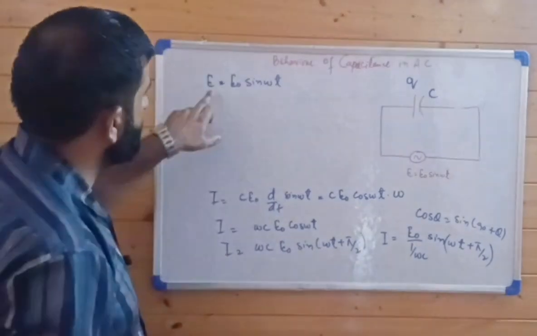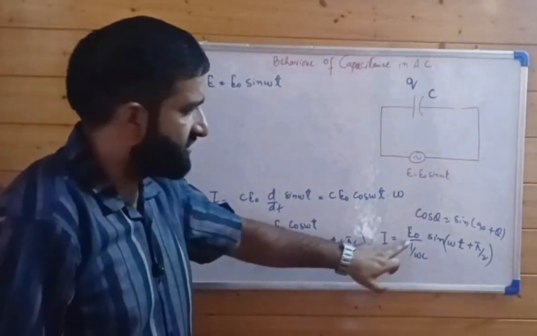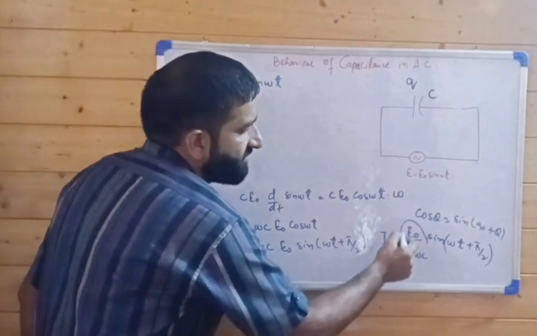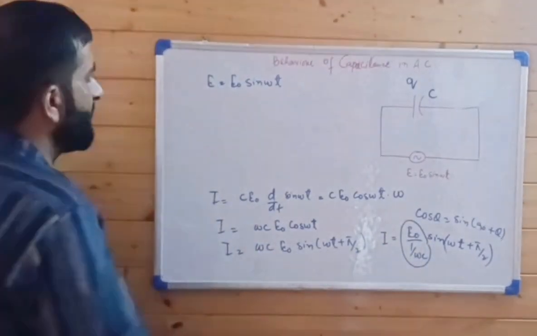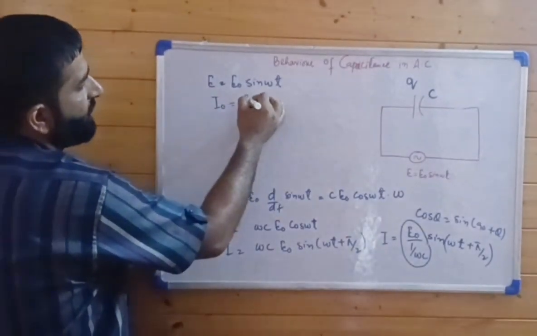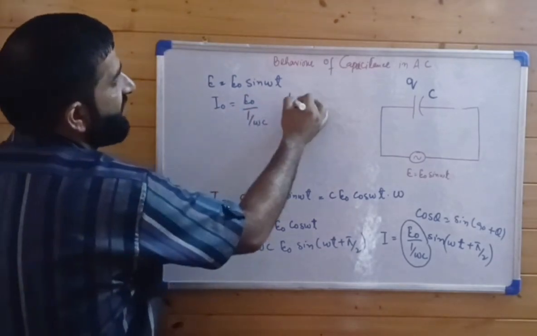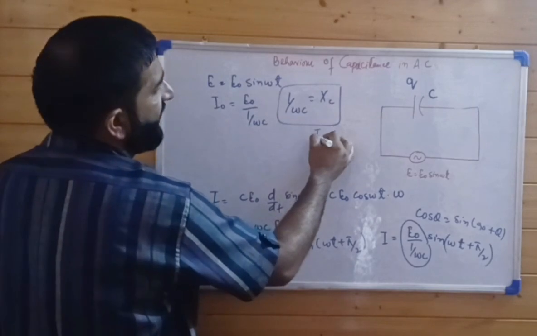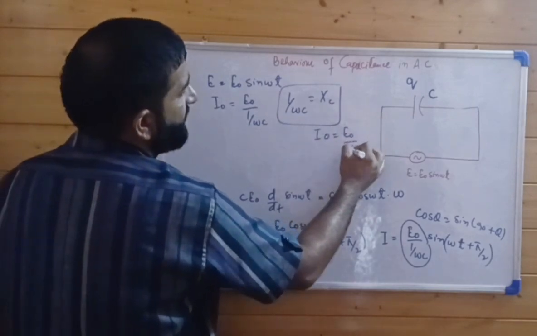Looking closely at these two equations, E is equal to E0 sine omega t and I is equal to I0 sine of omega t plus pi by 2. Here I0 is the peak value of the current, E0 divided by 1 by omega C. So we have that I0 is equal to E0 divided by 1 by omega C, where 1 by omega C is the capacitive reactance, XC. So we have that I0 is equal to E0 divided by XC.